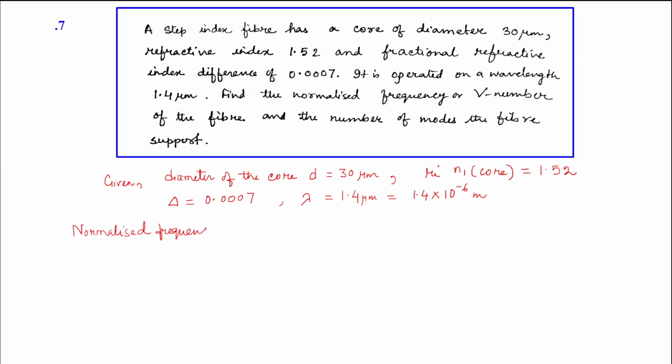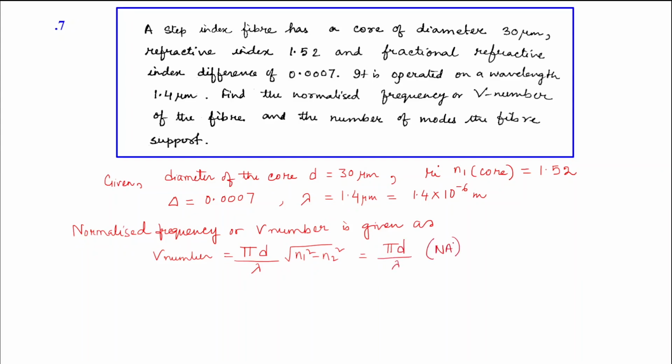Now what we need to find out is the normalized frequency, or the V number. The V number is defined as pi d by lambda root over n1 square minus n2 square, where d is the diameter of the core, lambda is the wavelength, n1 is the refractive index of the core, and n2 is the refractive index of the cladding.